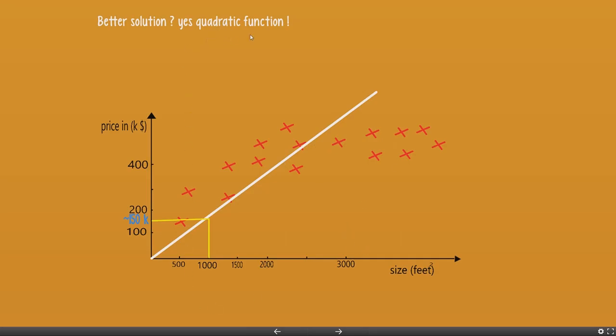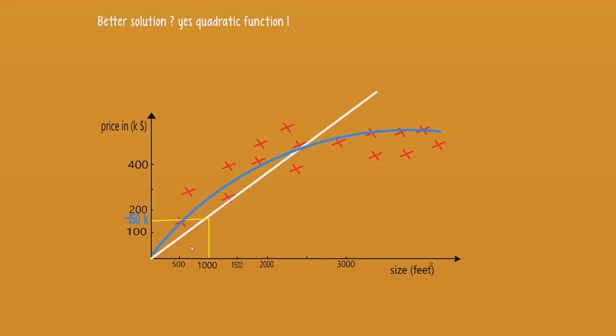So a quadratic function may be more suitable to the data. I mean better than the linear function. This kind of problem is called a regression problem, because we have continuous values, like the prices. You say here the price like 100, 150. These are continuous values, so we call it a regression problem.